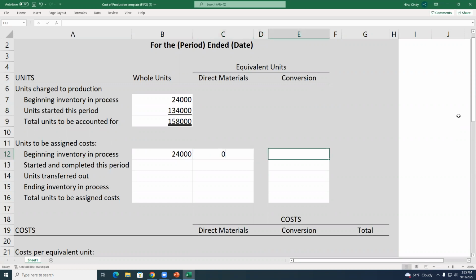No. Put a big fat 0 in there. But it does tell us that those units were 3/4 completed, and that means 3/4 of the conversion costs. So what is 3/4 of 24,000? 18,000 units worth of conversion costs were added during the month of December.